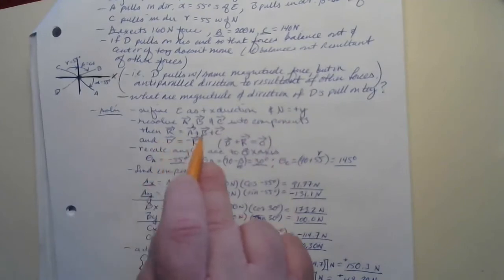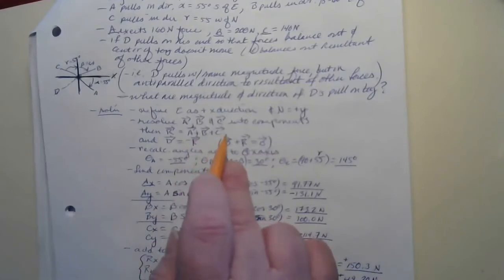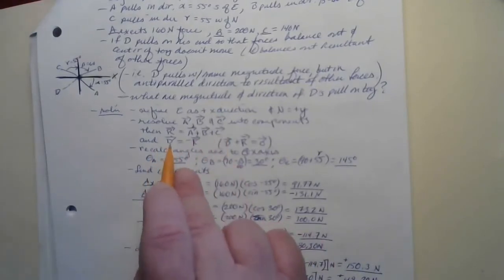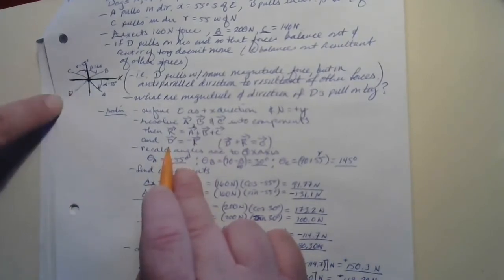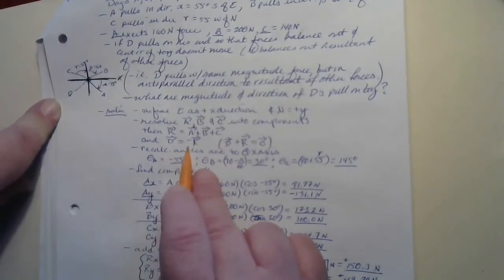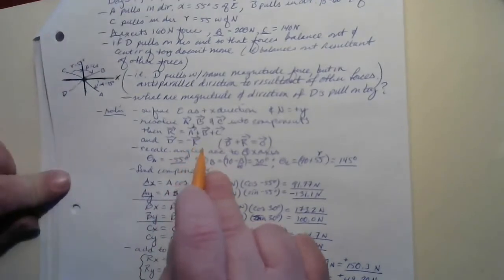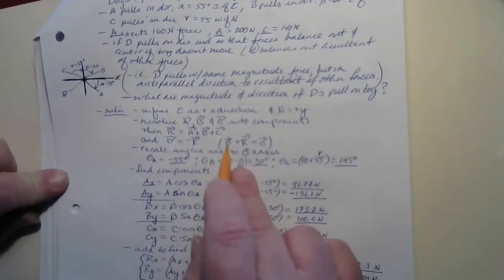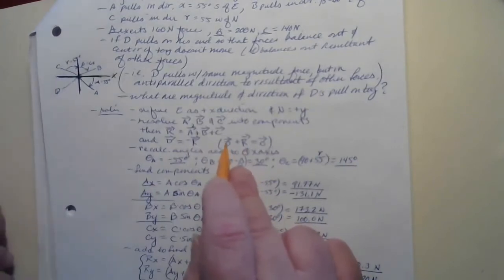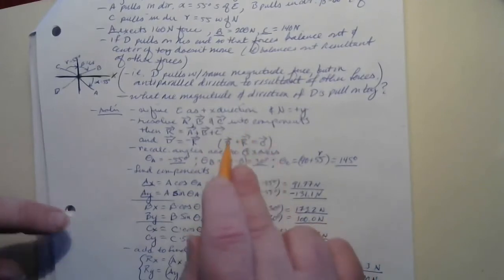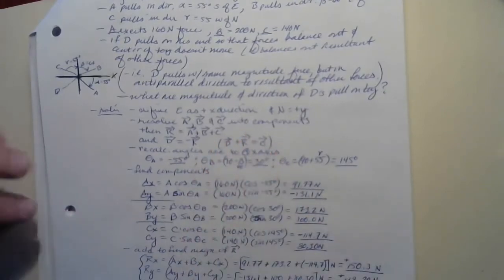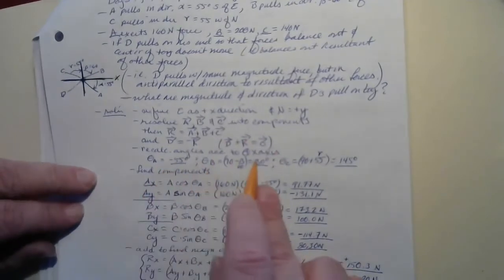And then the resultant would be the sum of vectors A, B, and C. And D, that is the magnitude and direction, or basically the vector of dog D pulling on the toy, would be the negative of the resultant. Or in other words, another way of saying that would be the sum of vector D and vector R, that is the resultant of A, B, and C, would be 0, the null vector.